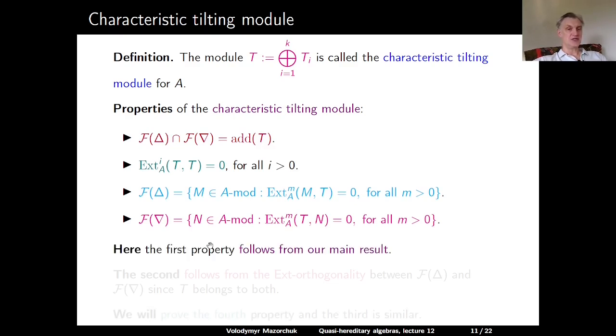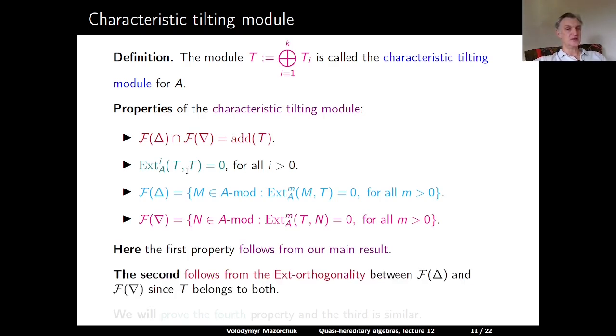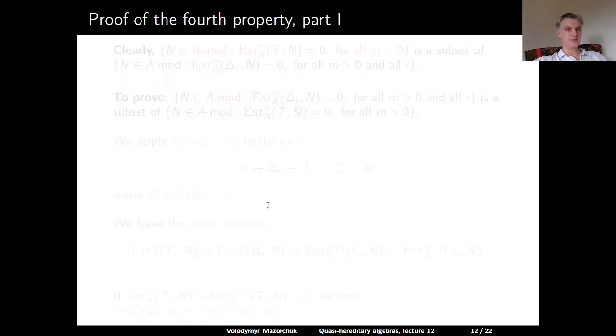So, as we already mentioned, the first property follows directly from the main theorem. The second property is just a consequence of the Ext-orthogonality between F(delta) and F(nabla), because T belongs to both. So we will prove the fourth property, and the third property is similar. So let us prove property 4.